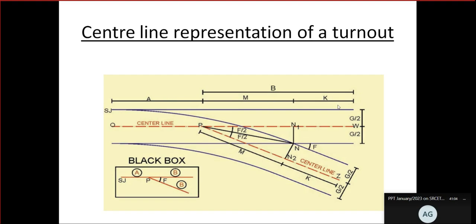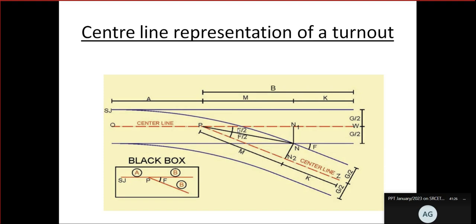Intersection to heel of crossing, B we are denoting. Similarly on the other side, intersection to the nose of crossing is M, and beyond that it is K. This M and K we will normally need only in the curved tracks, that we will see, that is a little complicated. The main thing we need is A and B, which are very important.